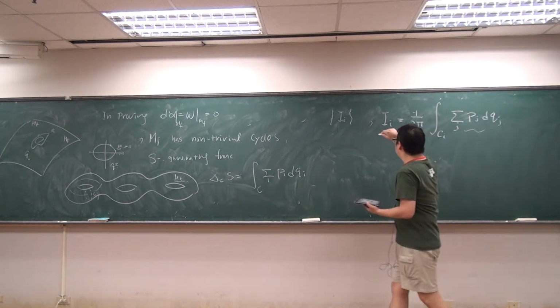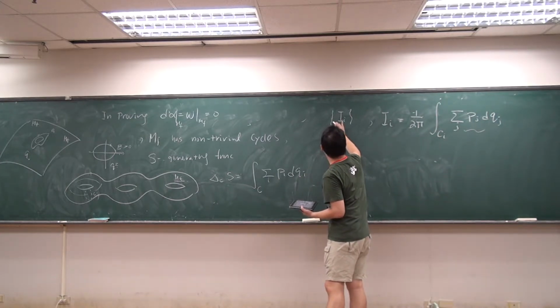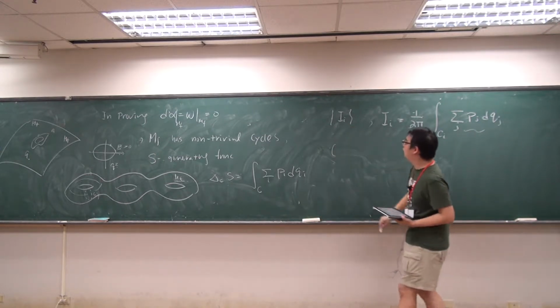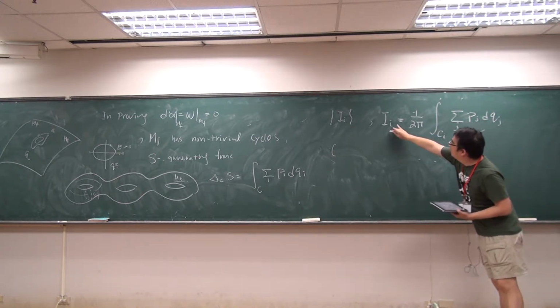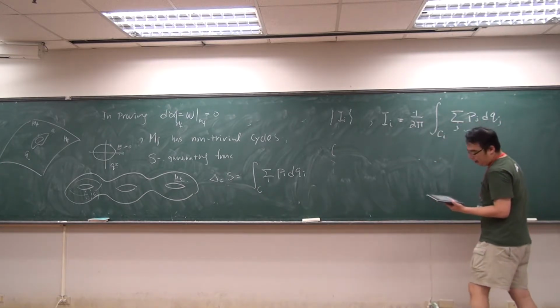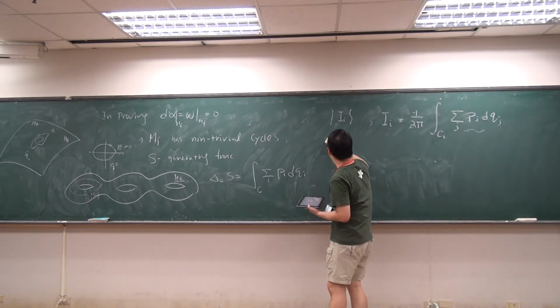Now, if we consider a canonical transformation, this capital I here is again a function of P and Q. And in fact, there exists a canonical transformation.